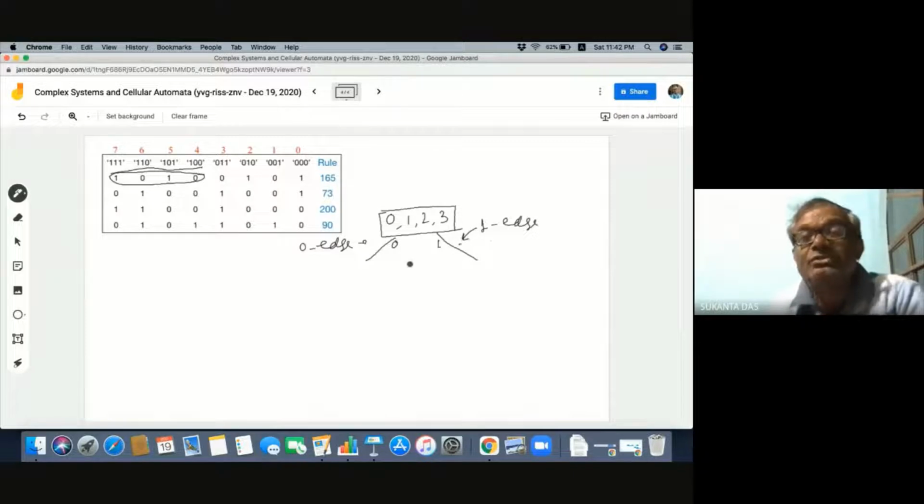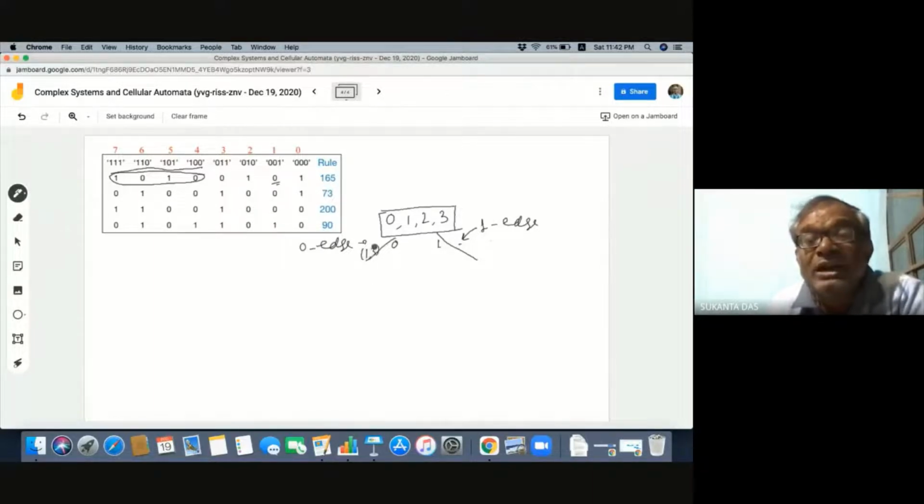So left node is always 0. Here out of 0, 1, 2, 3, RMT 1 and RMT 3 are 0. So what do I write here? Conventionally it is written as 1, 3.